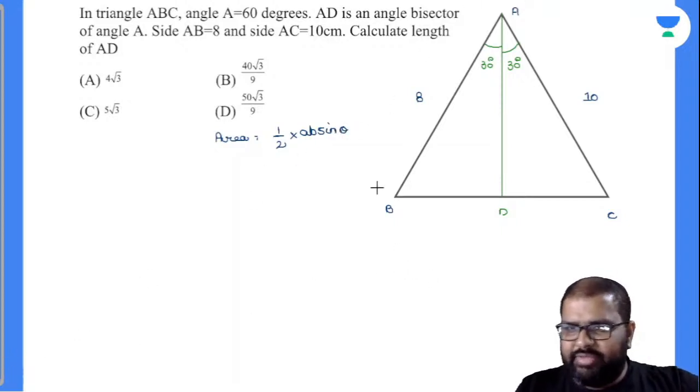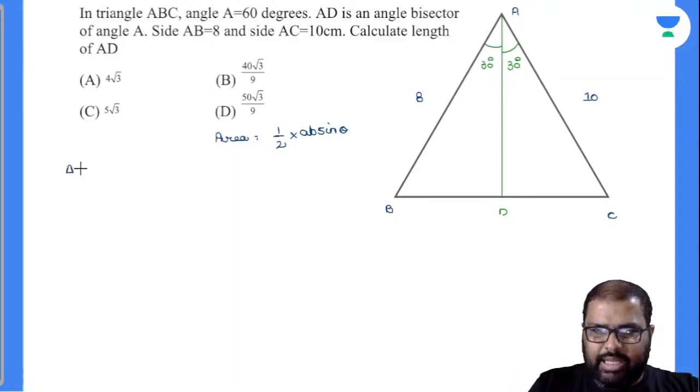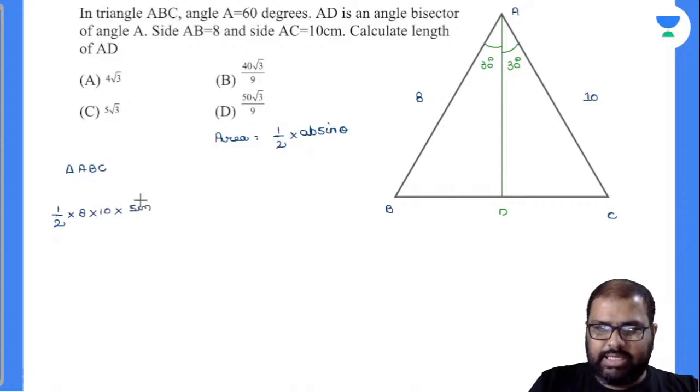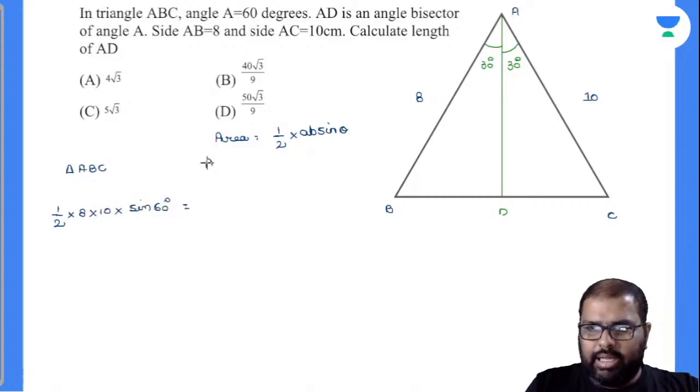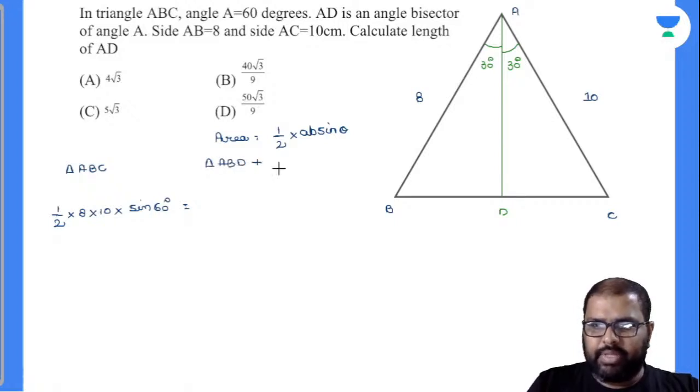So total area of the triangle ABC is equal to half into 8 into 10 into sin 60 degrees, which is equal to triangle ABD plus triangle ADC. Will you accept with me? So I'll calculate this.